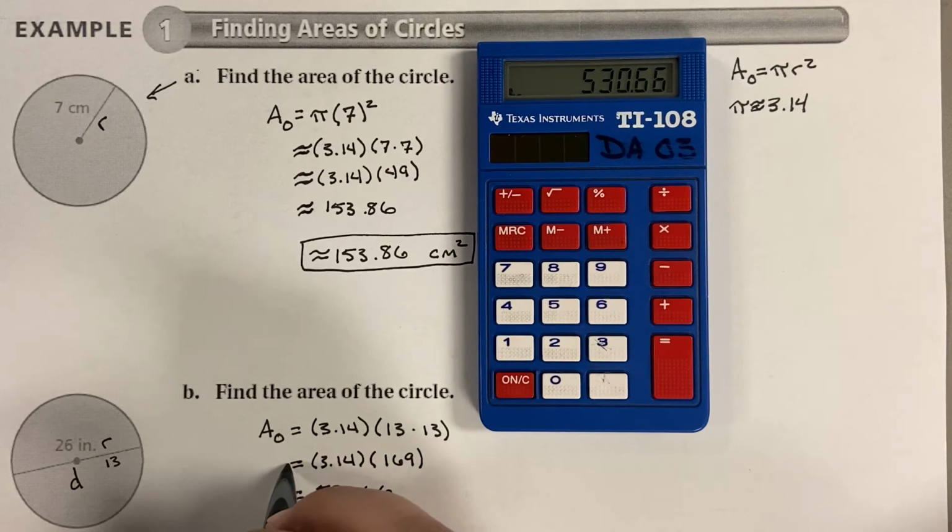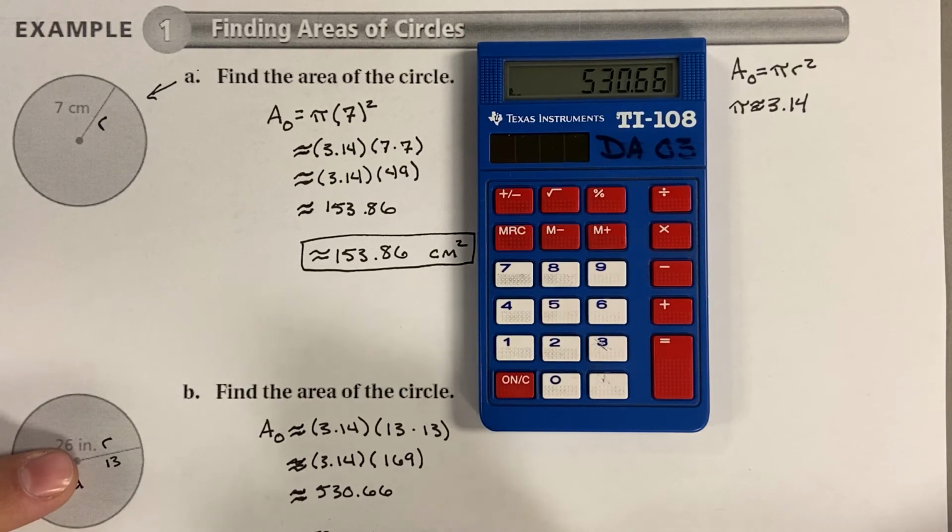So what that means, again, I guess I should have done this before. That one I didn't do on purpose, but look, I can go back and correct it, because mistakes are just wonderful. What this means is our area is about 530.66 inches squared.